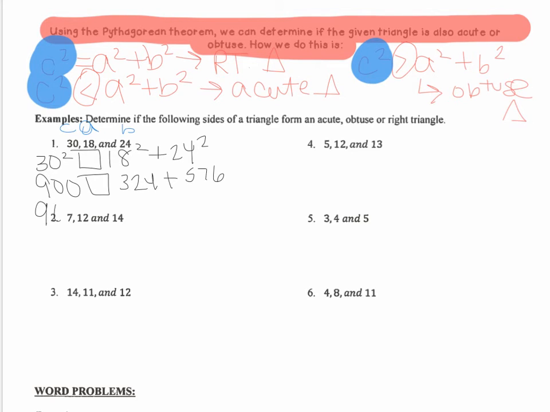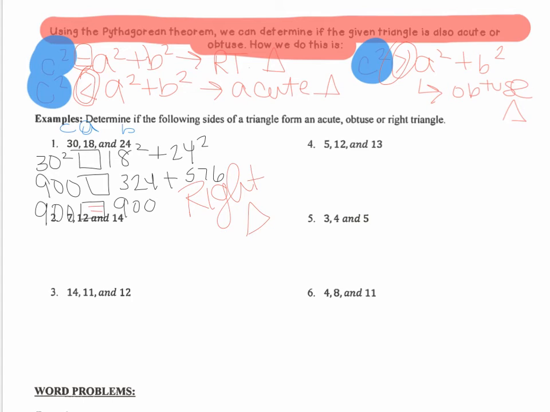So now I'm going to do 900, and I'm going to do 576 plus 324. I get 900. So I'm either going to fill this box in with an equal sign, a less than sign, or a greater than sign. 900 is equal to 900, so since it's equal, that means it's a right triangle.